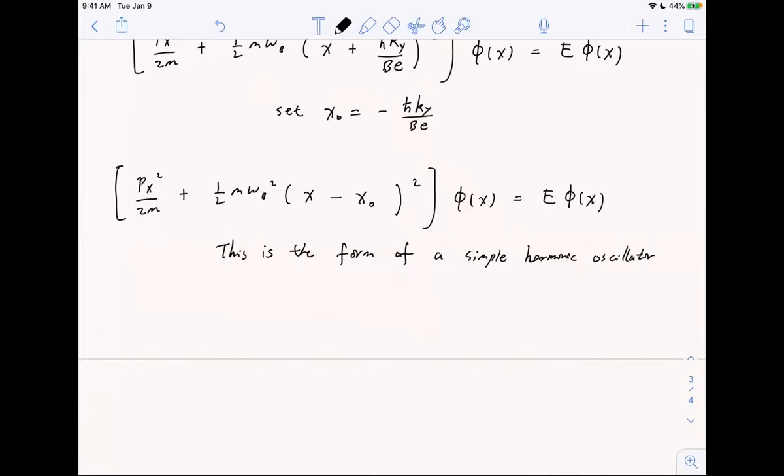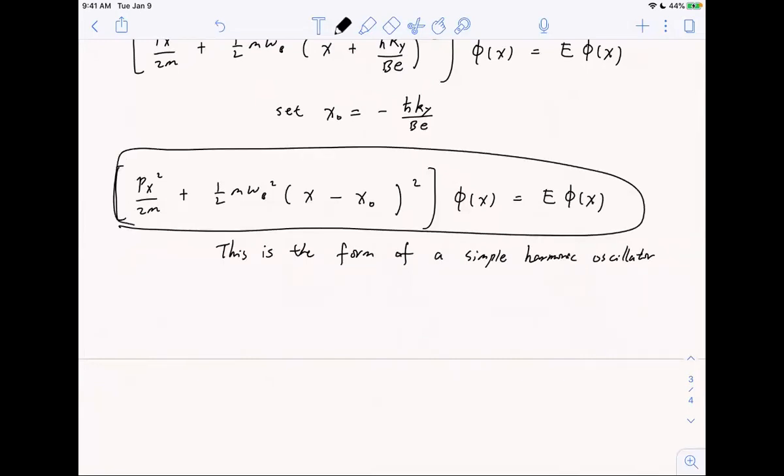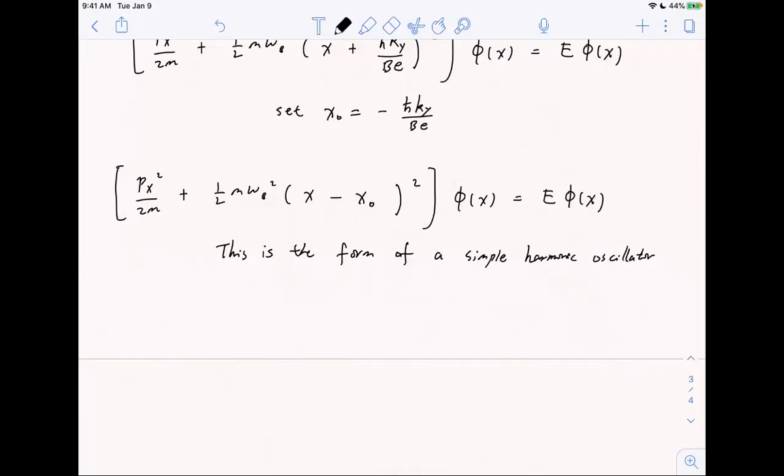So in quantum mechanics, we have learned how to solve the Hamiltonian of a simple harmonic oscillator, and this is the equation for that. We already know the energy will be n plus 1/2, with n equal to 0, 1, 2, 3.